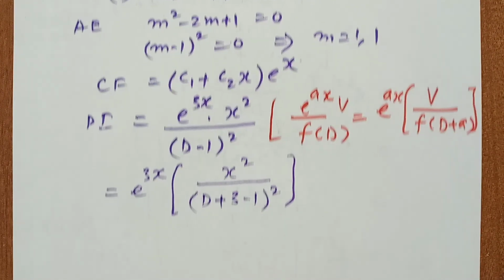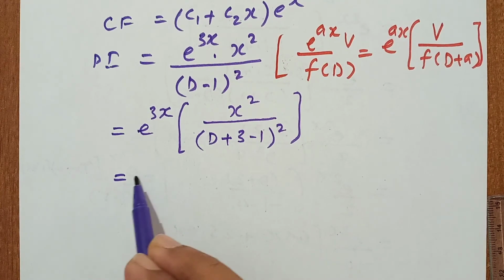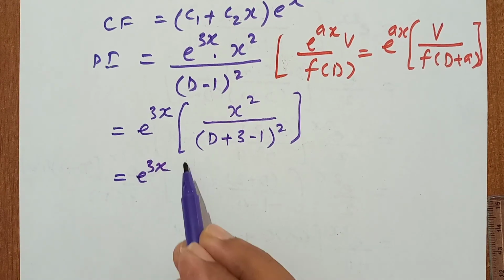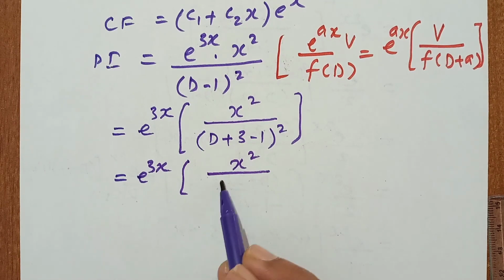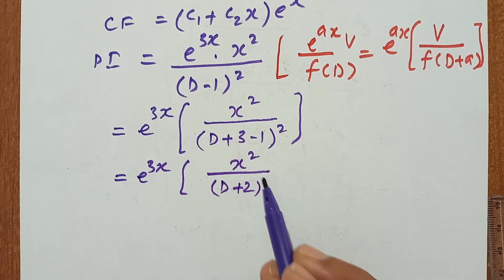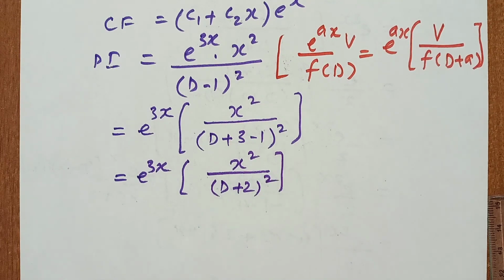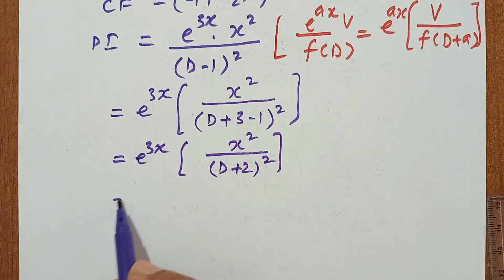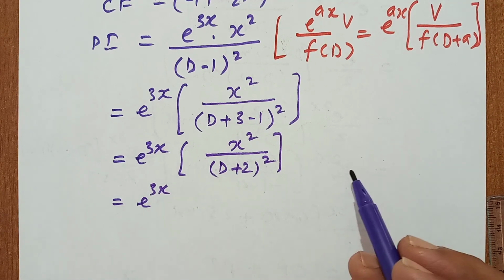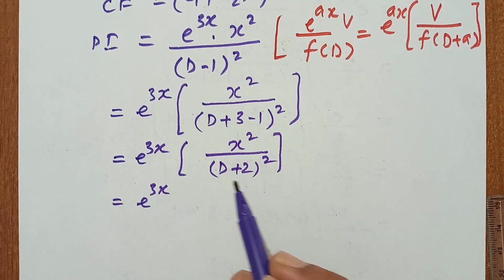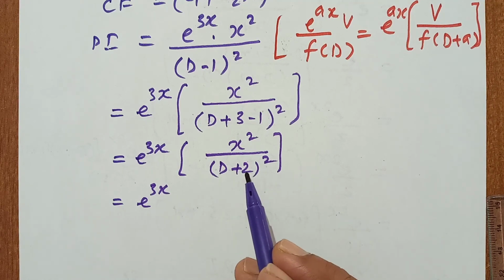Now this is equal to e^(3x) x² / (D + 2)². Our aim is to solve this by taking it in the form of either 1 + D or 1 - D. So first we take 2 common.